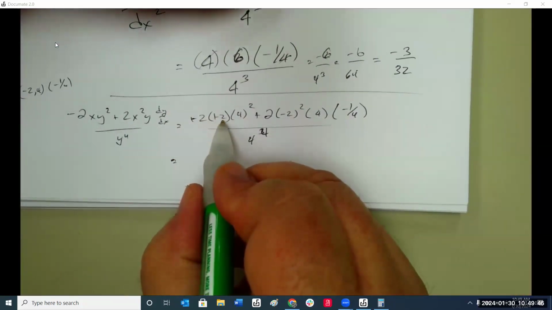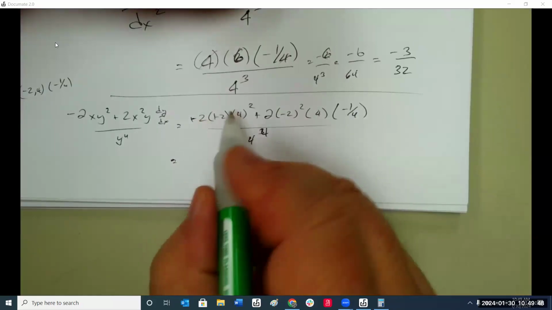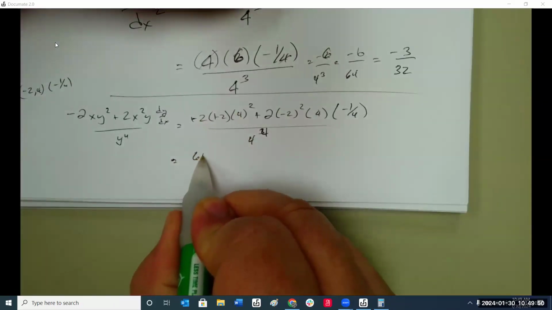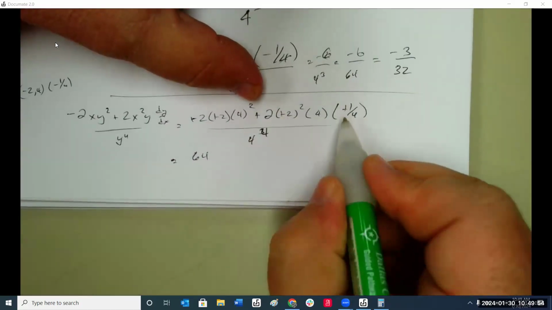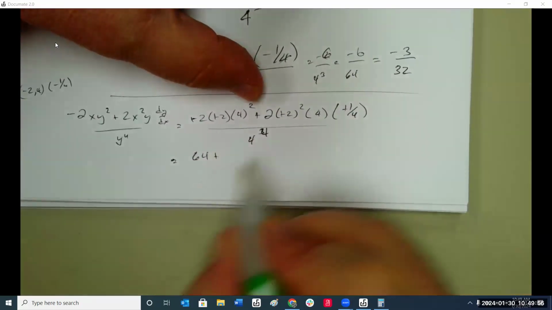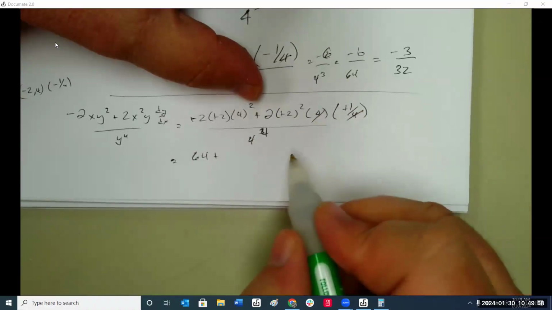Plus 4, so it's 64. Negative and negative becomes a plus. The 4's cancel.